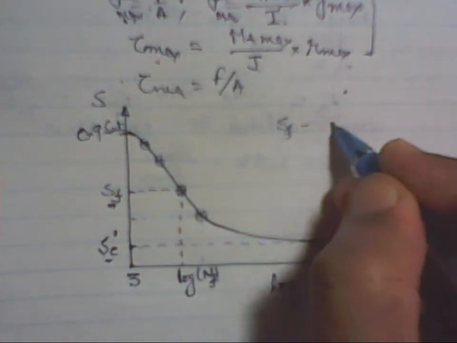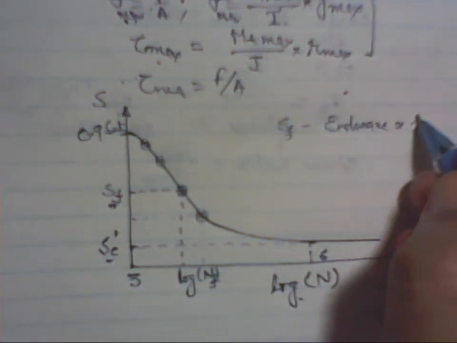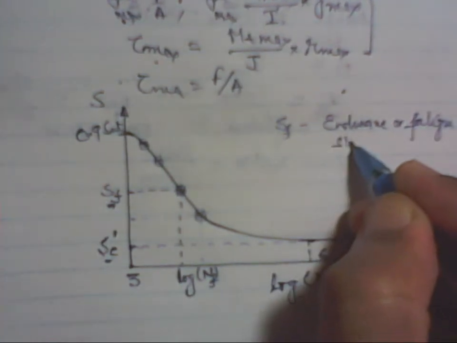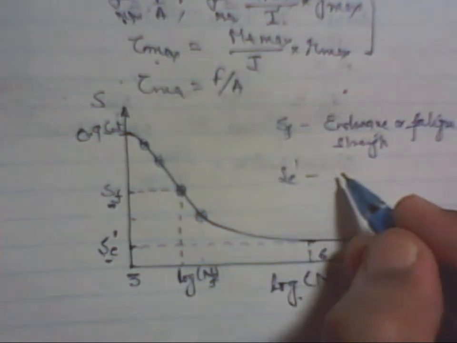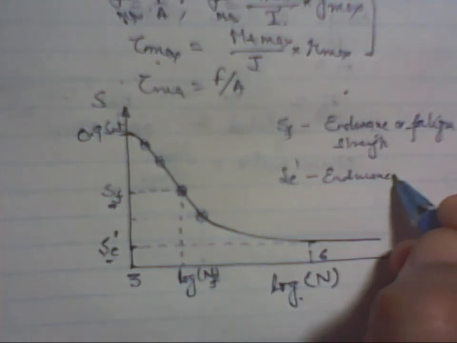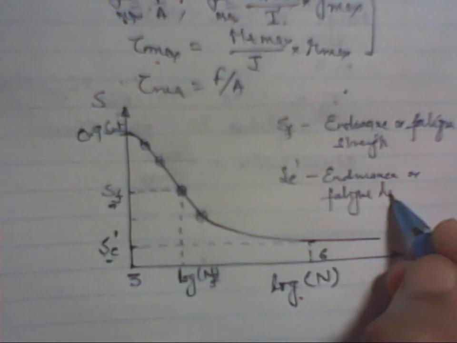So there are two names for each. SF is endurance or fatigue strength, and SE dash is endurance or fatigue limit.